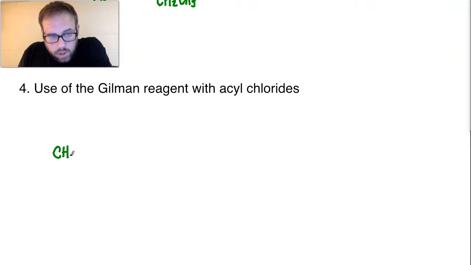Okay, so what you need is, to start, you need an acyl chloride. Again, we're going to keep our examples simple as we're exposing this material for the first time here. This is an acyl chloride. Acyl chlorides are R, C double bond O, Cl.